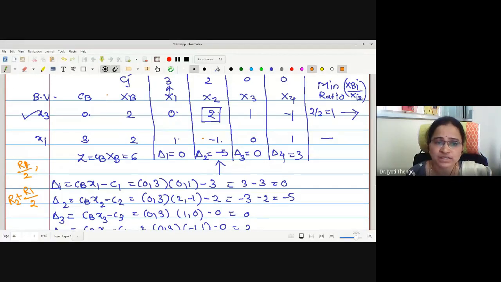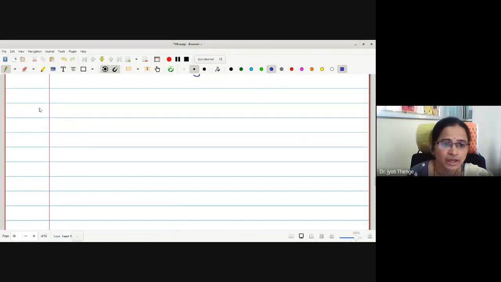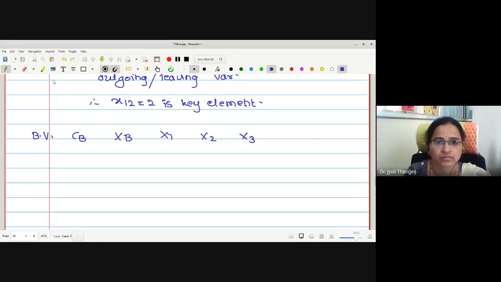Again, row operations are going to be performed from XB column onwards, not for CB column, right? Again, I will write basic variables CB, XB, X1, X2, X3 and X4, right? I'll take some space to write.